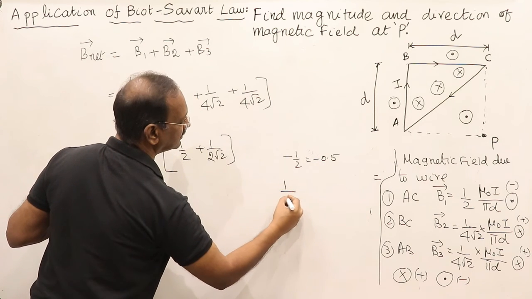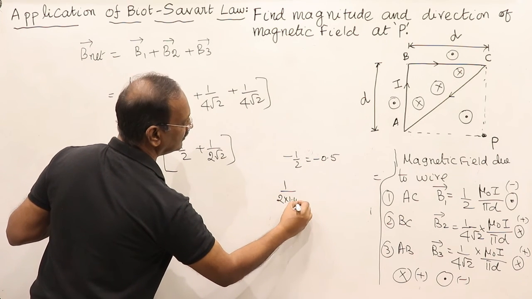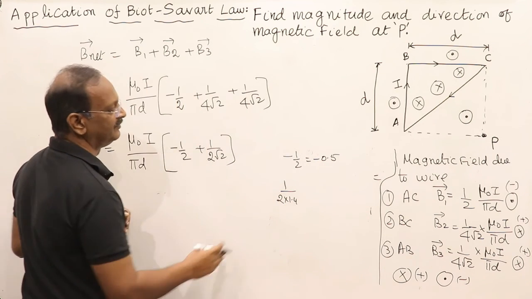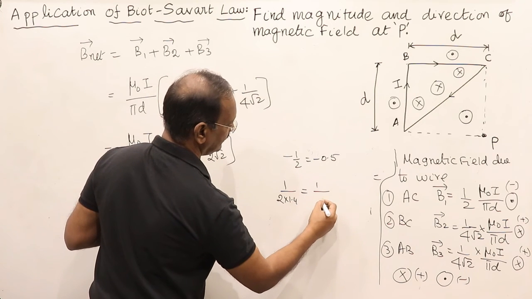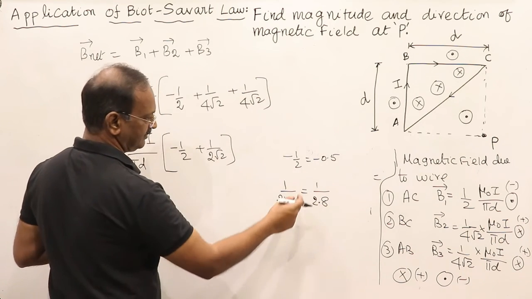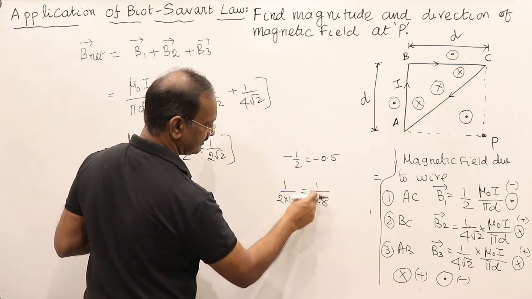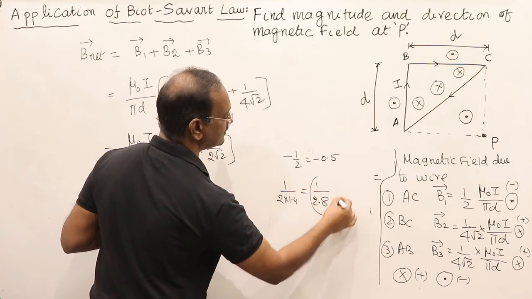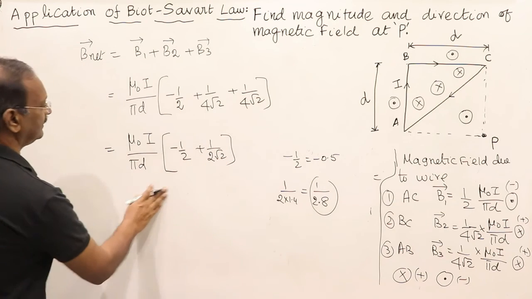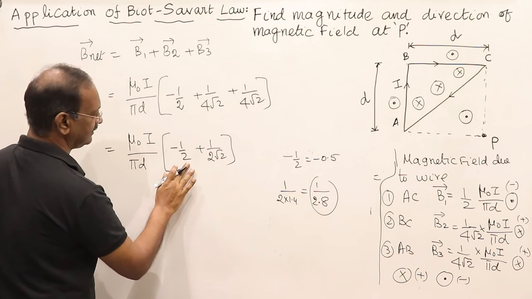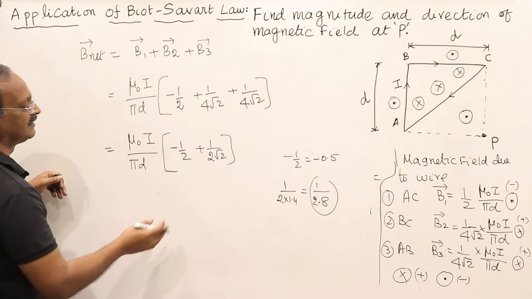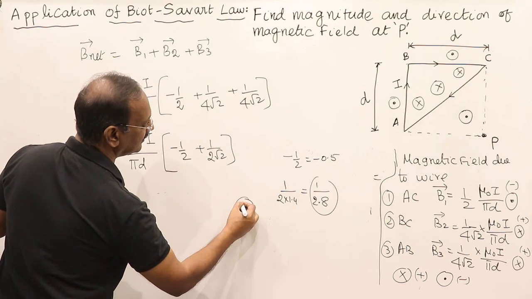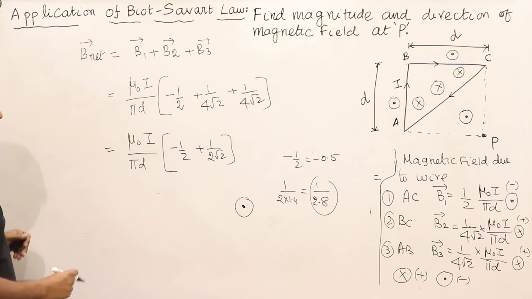And 1 by 2 root 2 is 1 by 2 into 1.4, which is approximately 1 by 2.8. Since 1 by 2 is bigger, this one will be smaller. So the answer will come in negative. Negative means it is outward.